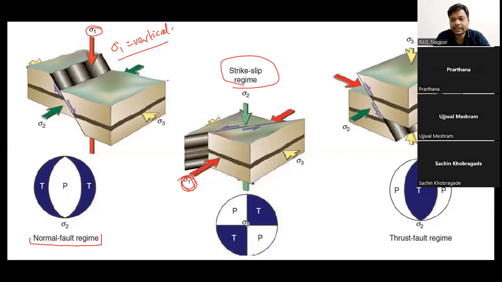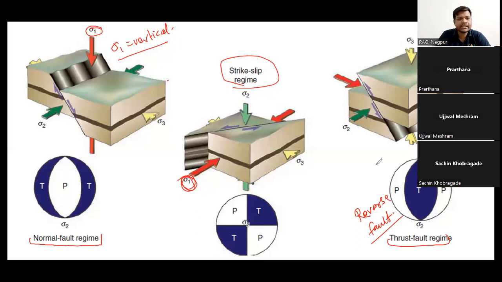And when sigma 1 appears perpendicular to sigma 3, in a different direction, that will be called a thrust fault, or also a reverse fault.